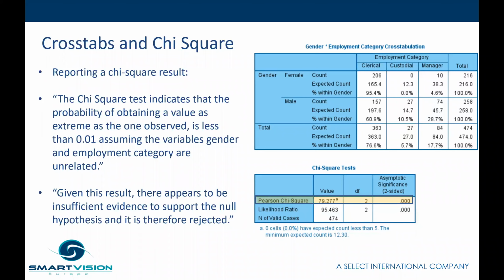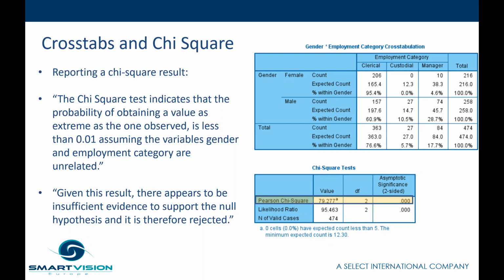Okay. So why did we choose this example? Why did we choose crosstabs and chi-square? Well, first of all, it's relatively easy to get your head around it, because you can look at the table and you can see there's a big difference there between men and women in terms of the proportion of clerical workers and the proportion of managers. And you would naturally start to think in terms of what's the chance of that happening randomly, if you like.